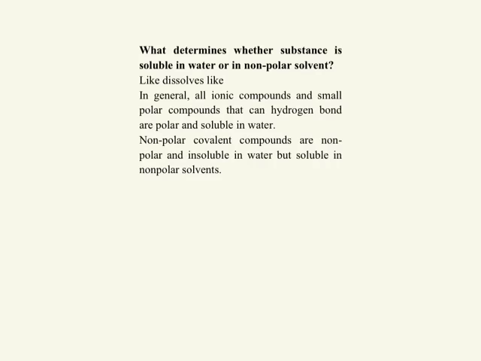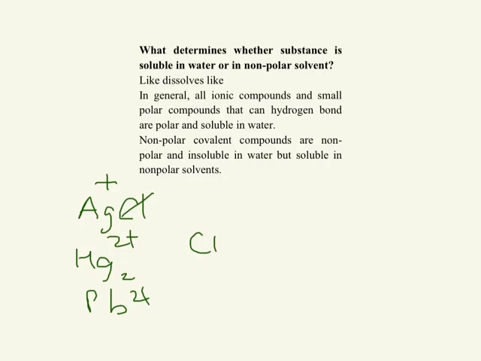For example, if you have Ag+, mercury, or lead 2+ with any of these ions, chloride, bromide, or iodide, these are insoluble compounds.